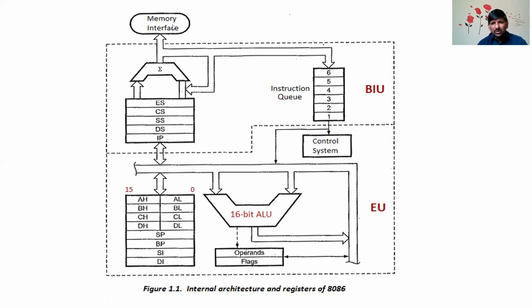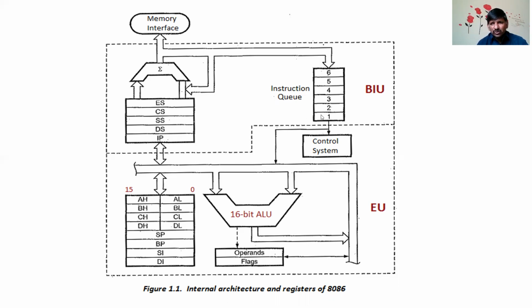Go to that memory location by interfacing here, and that instruction is prefetched into the instruction queue. The 8086 microprocessor prefetches instructions up to 6 bytes. So instead of waiting for access time, we access that information before executing, and so we can save the access time.